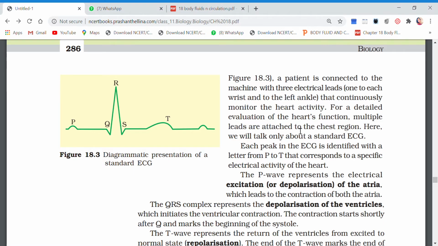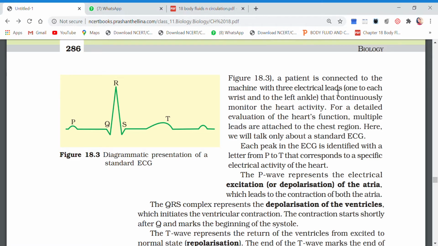If we want to take a detailed study of the ECG or the heart function, many other leads can be connected onto the chest of the patient. But for a standard ECG, a minimum of 3 leads are required to be attached to the patient.